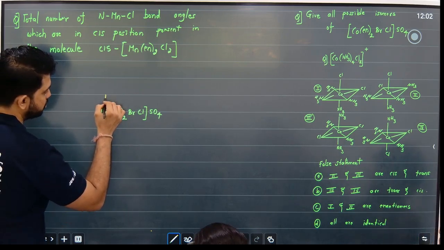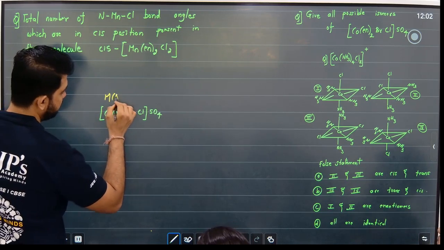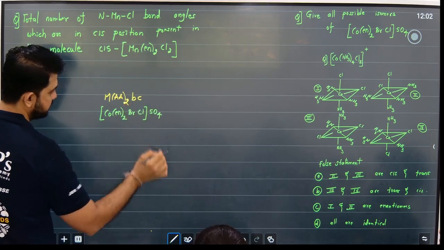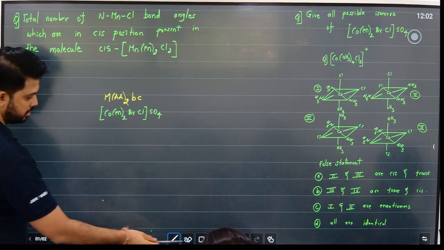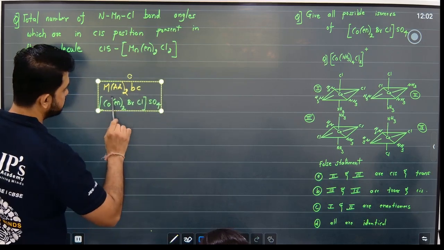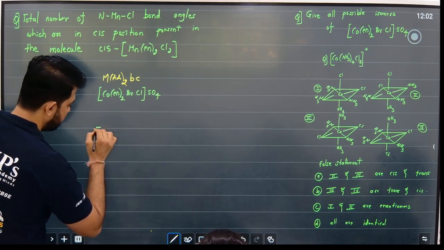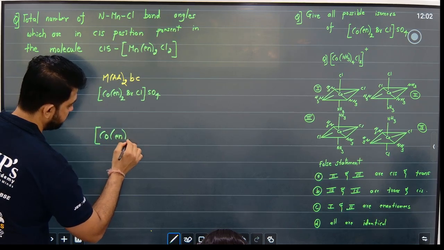So this is cobalt, M. The general form is MAA2BC. That's the first thing that you should know. Now, let's first try the structural isomers. I can have another isomer which is something like this.